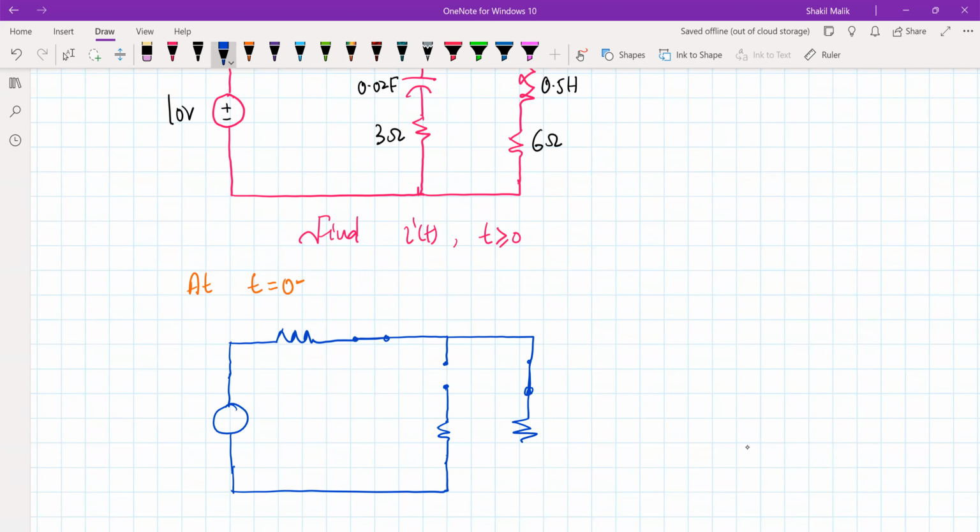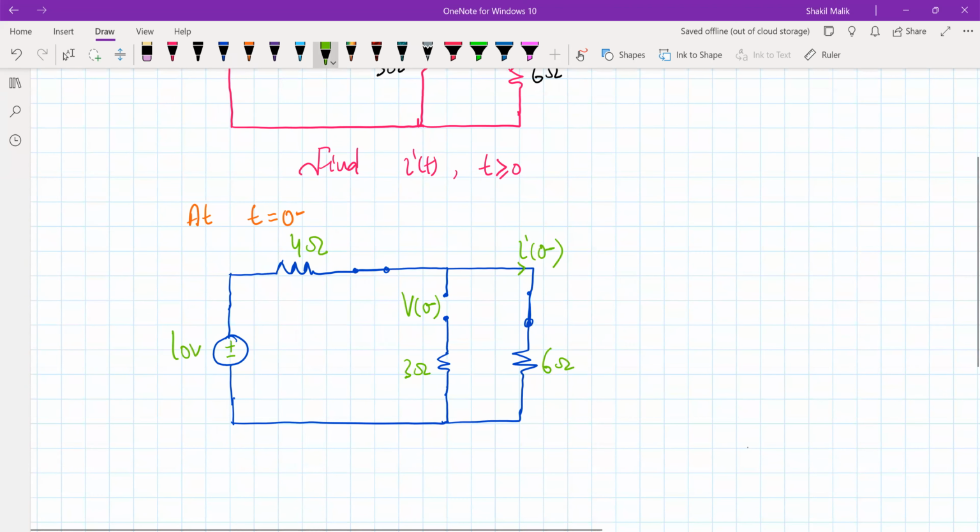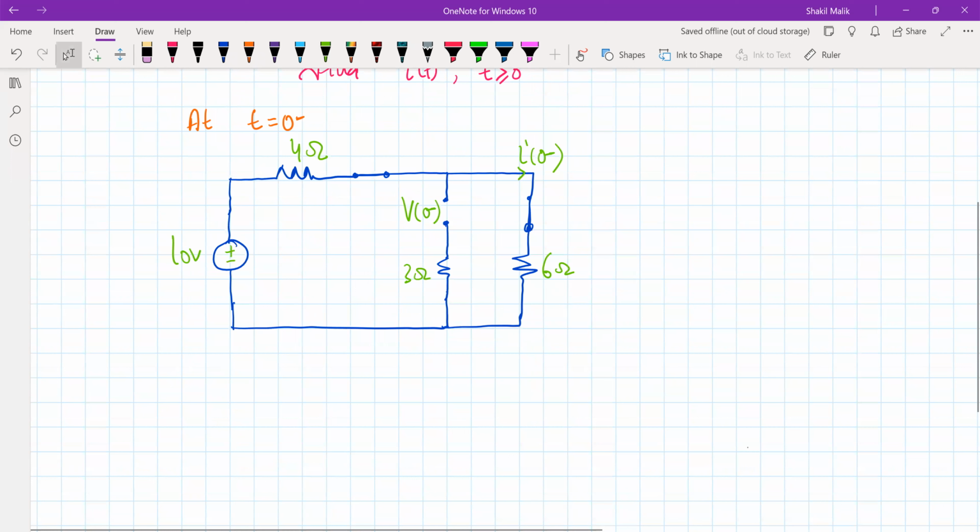There is a 6 ohm resistor here, and this is 3 ohm. This is the value of the capacitor voltage at t equal to 0 minus, and this is the current flowing, that is i of 0 minus. This is 4 ohm, and this is 10 volts.